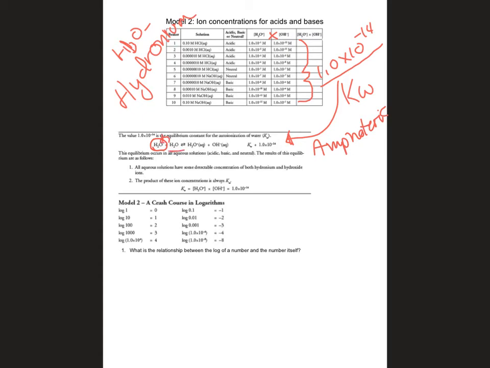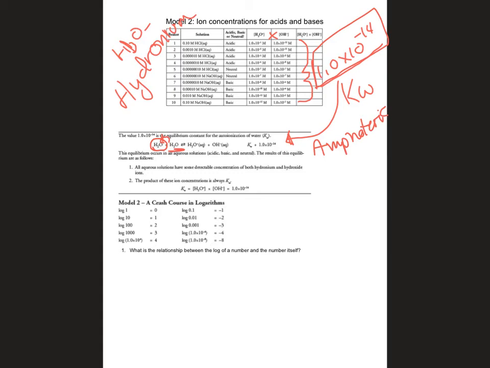And then this guy here, he's acting like an acid because he's donating that proton. All right. But what's interesting is whether it is water that is ionizing or if we've got an acid or a base in the water, those concentrations of H3O plus times OH minus will forever and for always be 1.0 times 10 to the negative 14th.